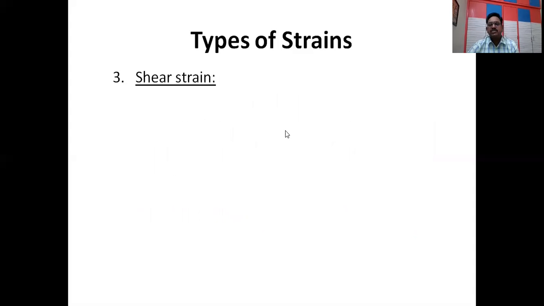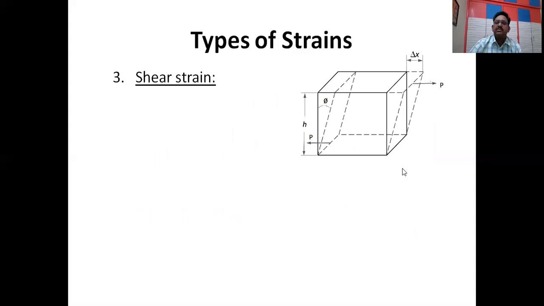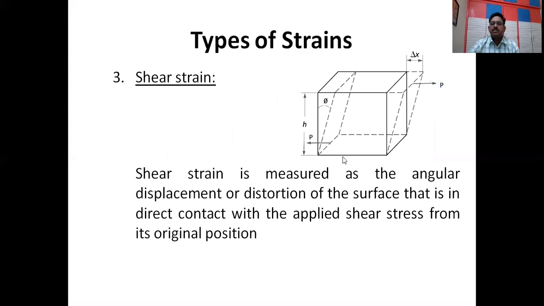To understand shear strain, just look into this figure. Here, a shear strain is measured as the angular displacement or distortion of the surface that is in direct contact with applied shear stress from its original position. For example, take this block.